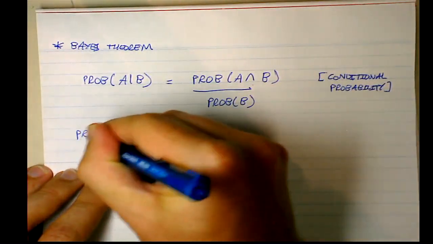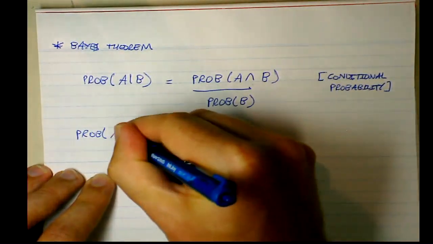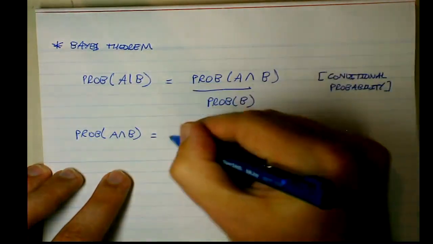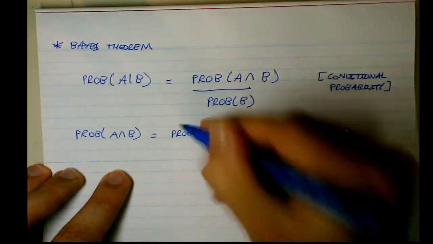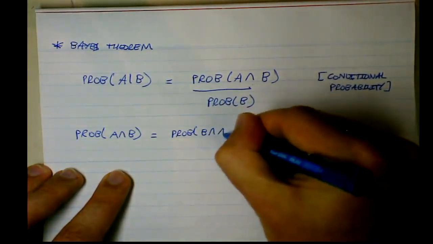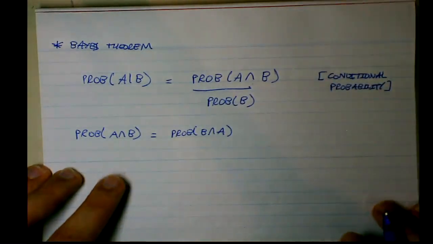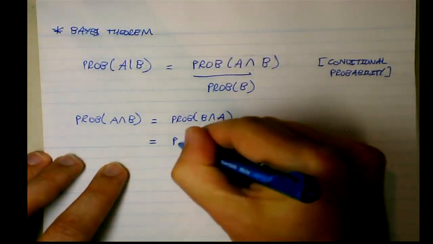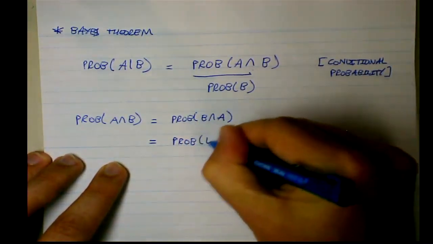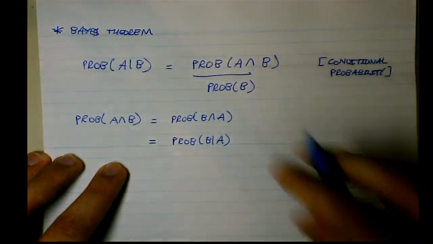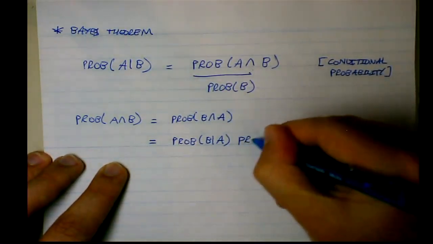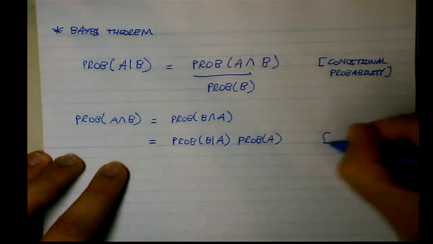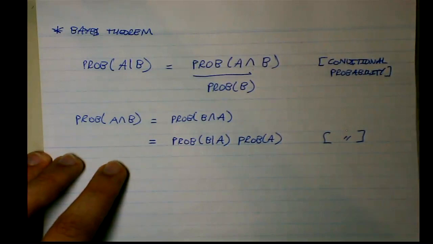The numerator, probability of A intersected with B, is also the probability of B intersected with A, which, using again the definition of conditional probability, is prob B given A times prob A. And again, that is using the definition of conditional probability.